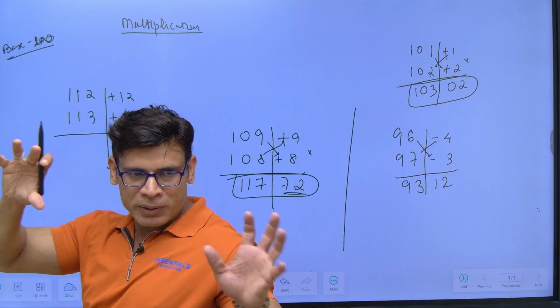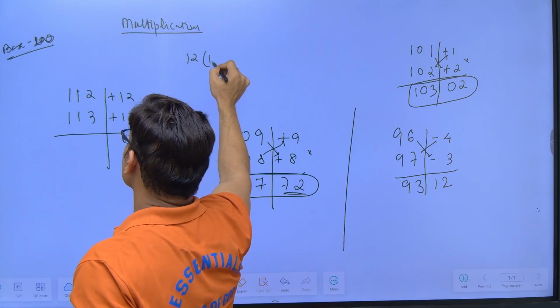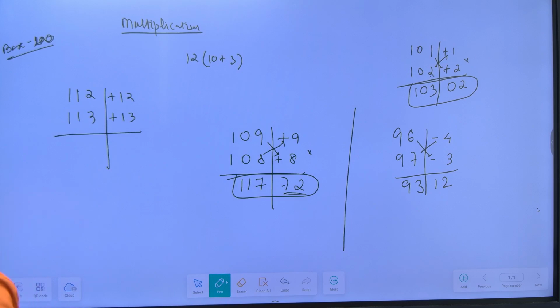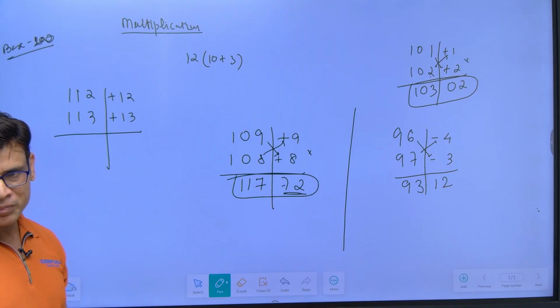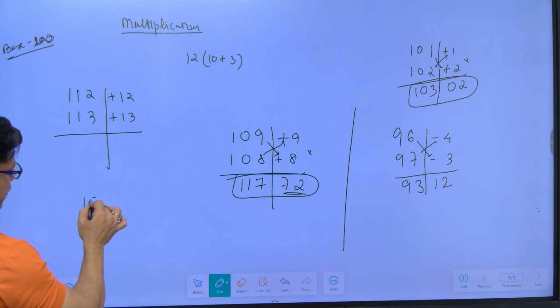See, if you want to multiply 12 into 13 mentally, you write 12 and break 13 as 10 plus 3. Always break the second number into two parts. What is 12 into 10? And 12 threes are 36. So 120 plus 36, 156.